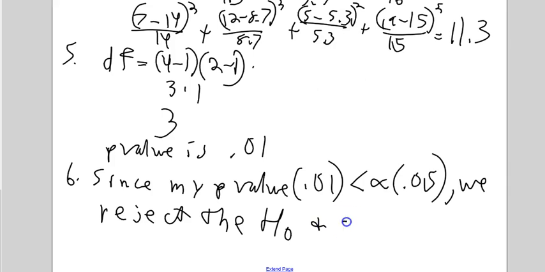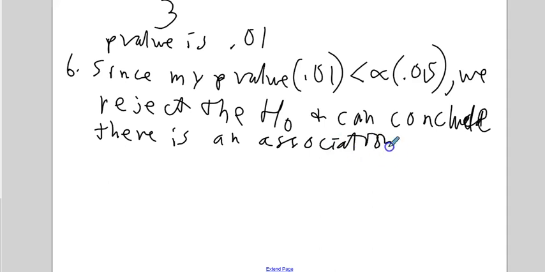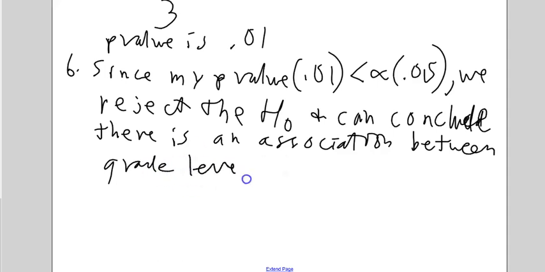And therefore, we can conclude there is an association between grade level and favorite seasons.